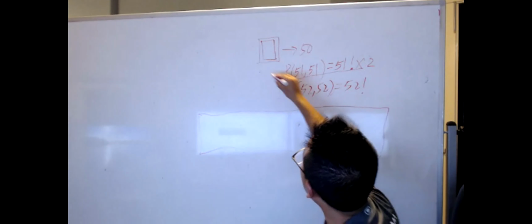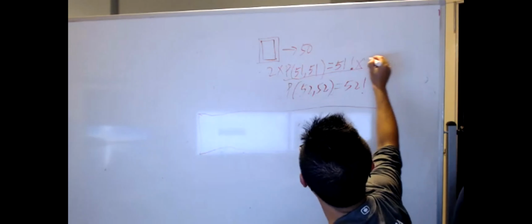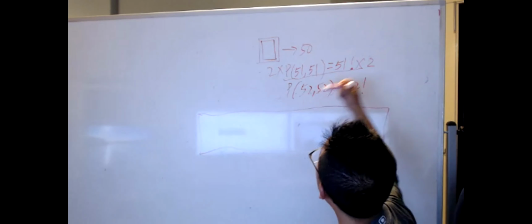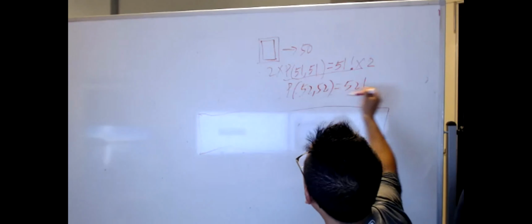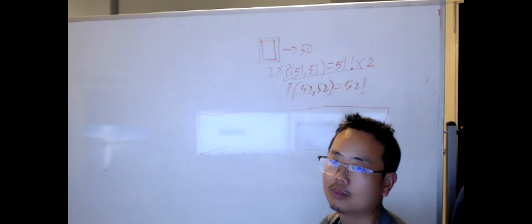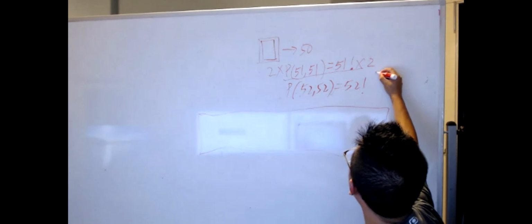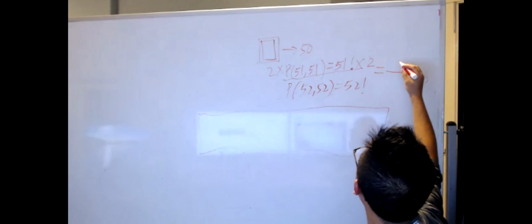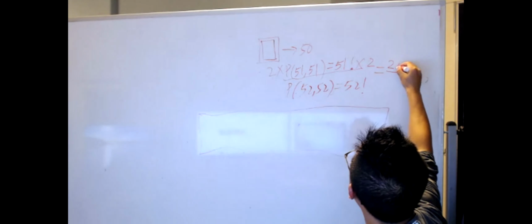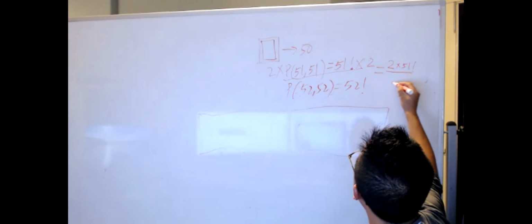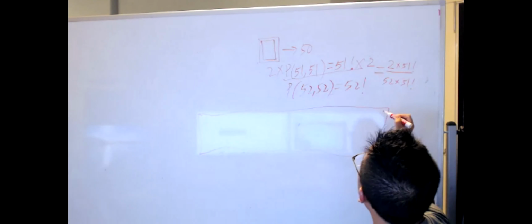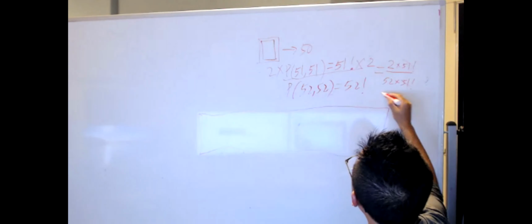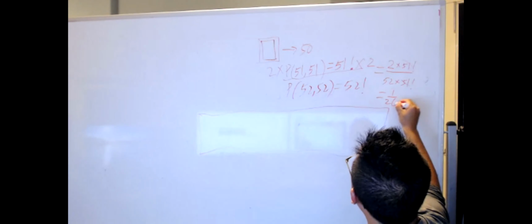So the probability should be 2 times this whole thing divided by 52 factorial. So this equals 2 times 51 factorial over 52 times 51 factorial. Eventually it's canceled out. This becomes 1 over 26.